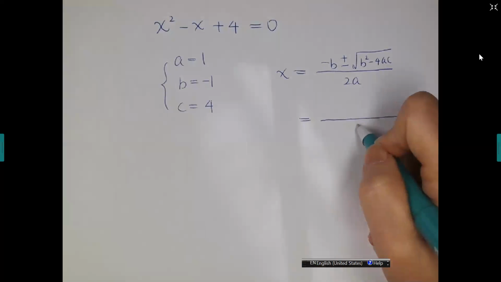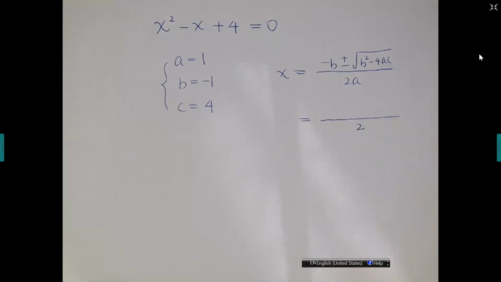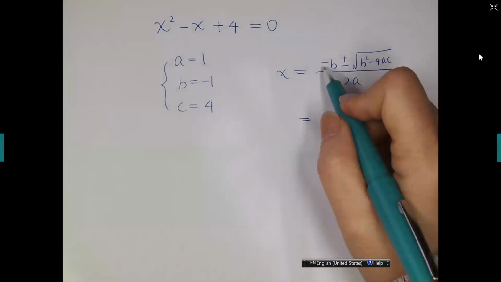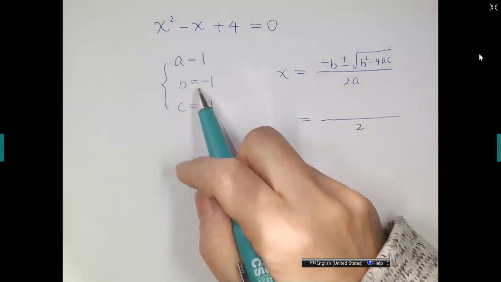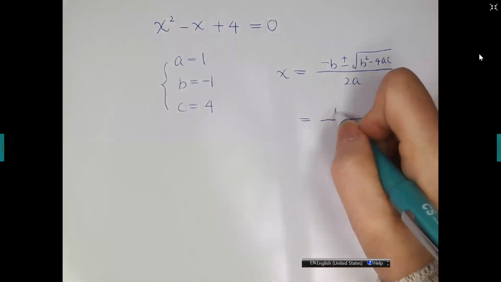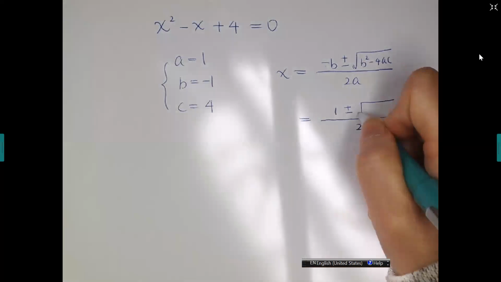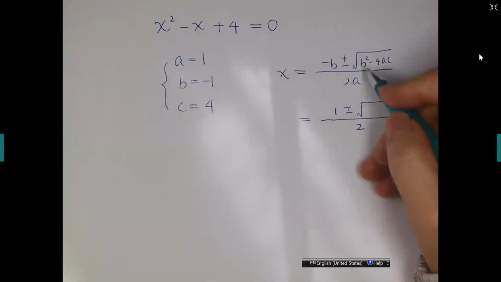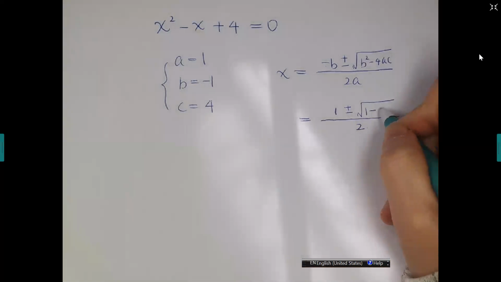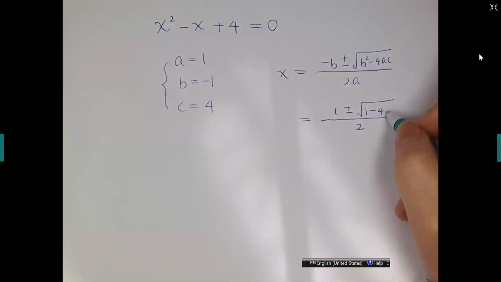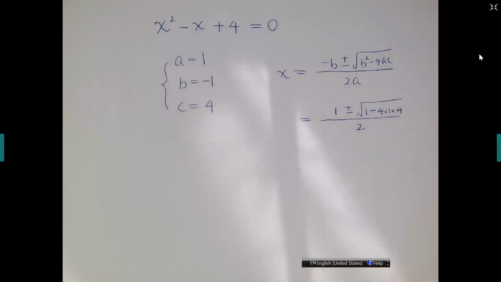2a means 2 times 1, which is 2. So for some simple ones, you can just skip some steps. 2 times 1. Negative b, take the opposite of b, so negative negative 1 is 1. 1 plus or minus square root of -1 squared, that's 1, minus 4 times a times c, which is 1 times 4, that's 4.